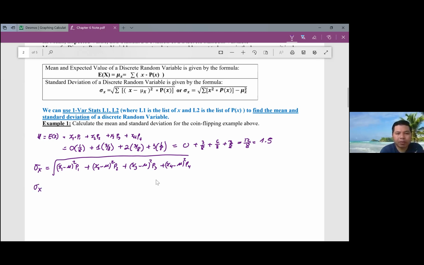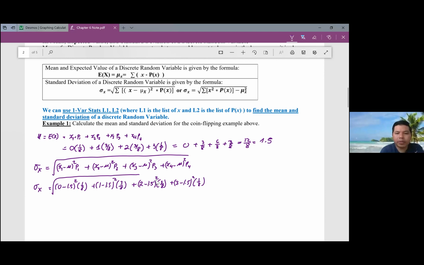So for sigma of x, just plug it in: 0 minus 1.5 squared times 1/8, plus 1 minus 1.5 squared times 3/8, plus 2 minus 1.5 squared times 3/8, plus 3 minus 1.5 squared times 1/8.